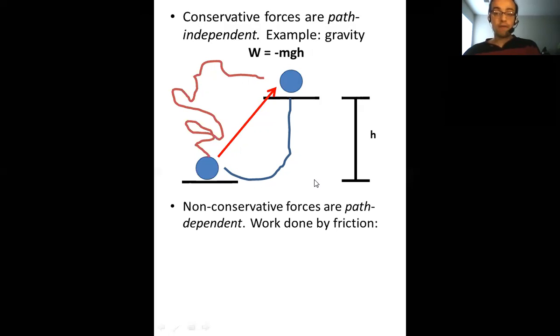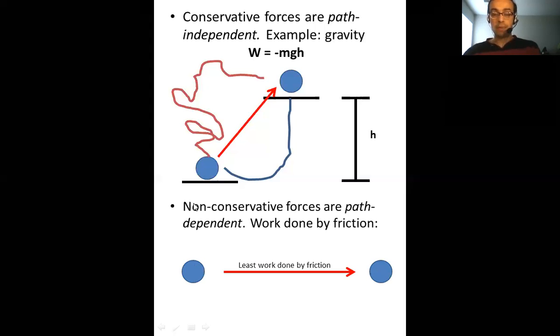However, if you have a non-conservative force, such as friction, the work done by friction is path dependent. So if we have a ball over here, and that ball is moving from the left part of the screen to the right part of the screen, the least work done by friction is when you have a straight line path between this initial position and this final position.